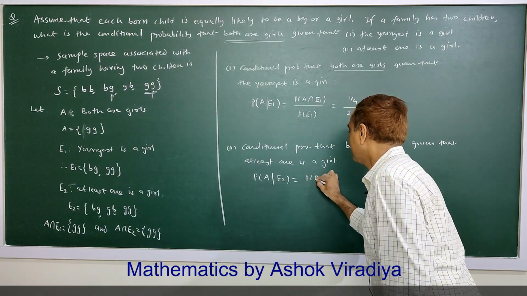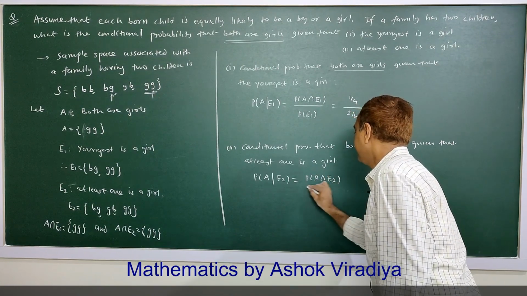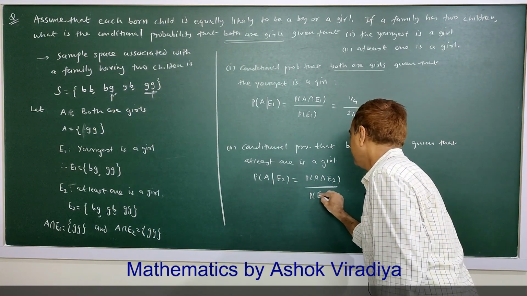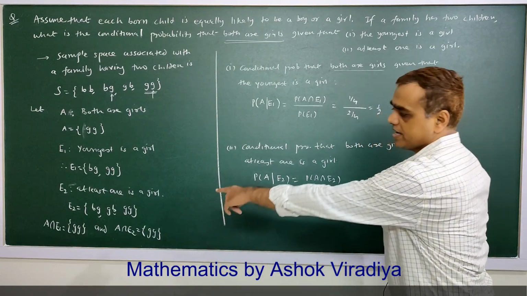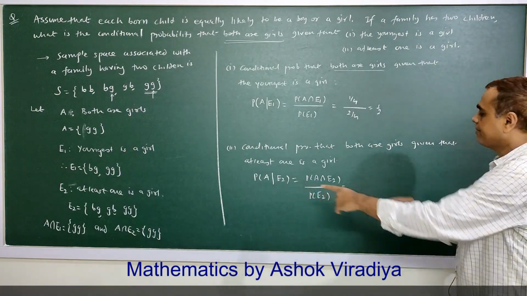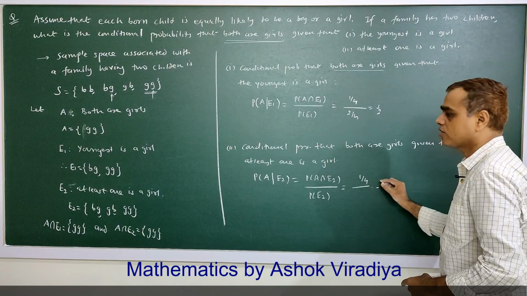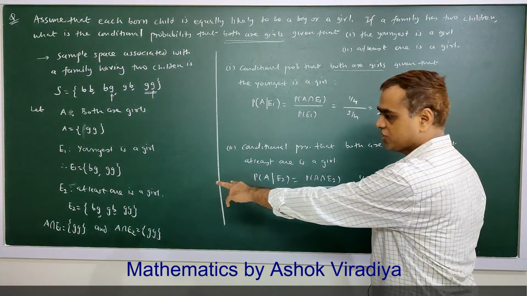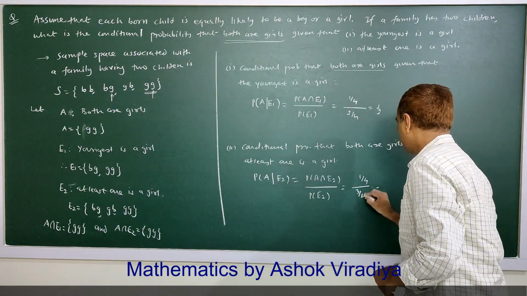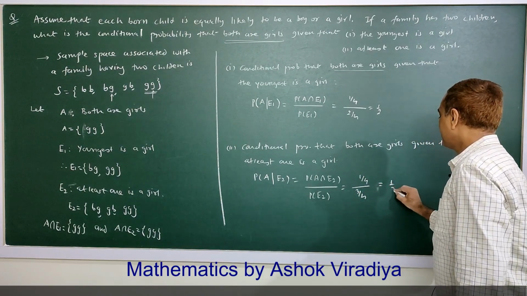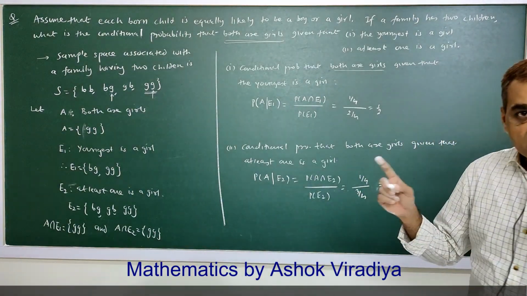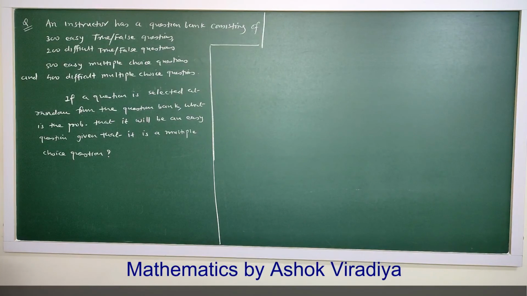So by the formula, P of A intersection E2 upon P of E2. A intersection E2 has only one element, so this is 1 by 4, upon E2 has 3 elements, so 3 by 4, so that is 1 by 3, which is the required conditional probability.